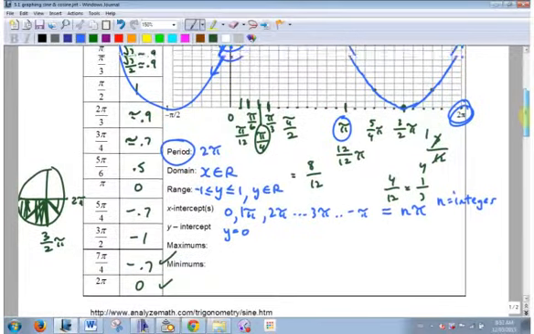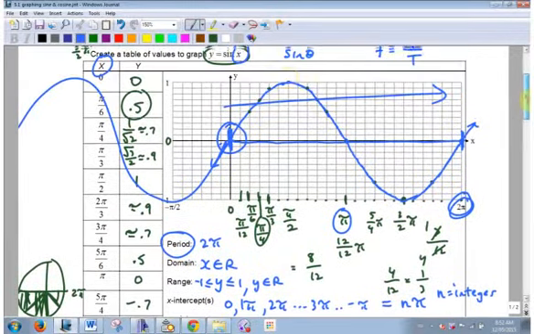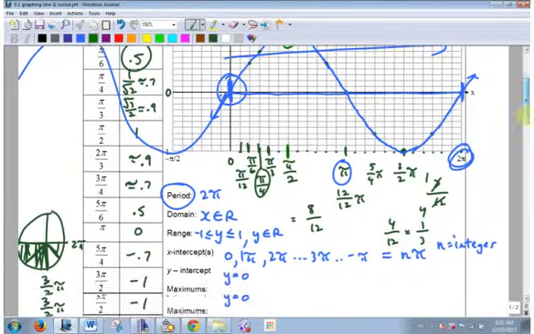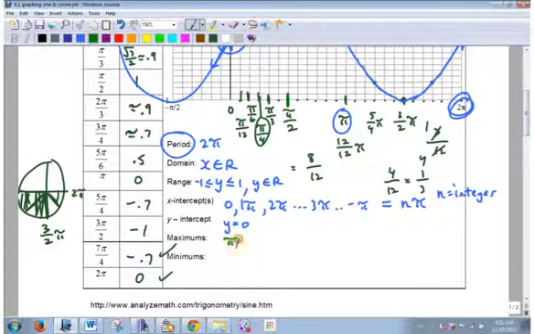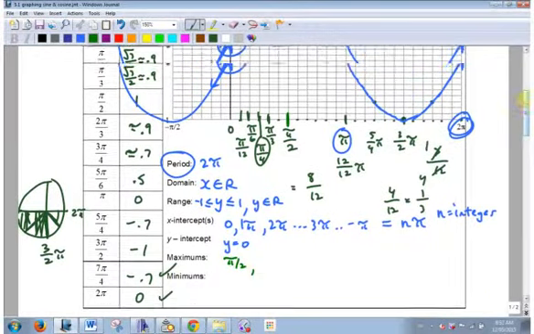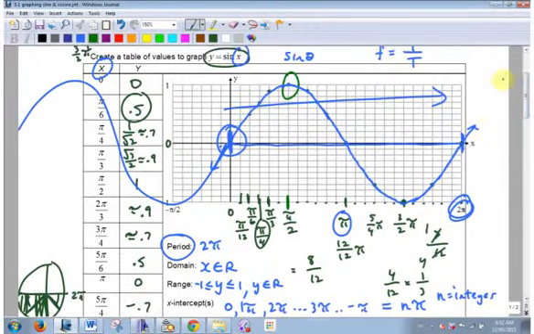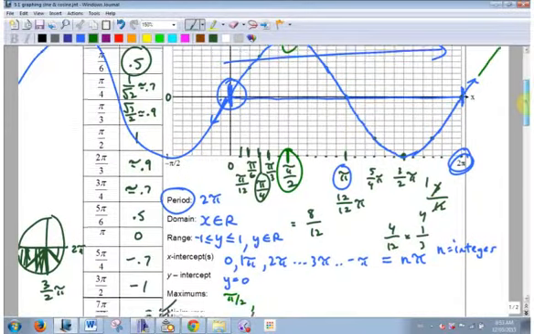Just two more, maximums and minimums. Where's the max? Right there. What's the value? Pi over 2. Is there another one? Do you see where the next one will be? Is it going to be pi later? It's 2.5 pi.